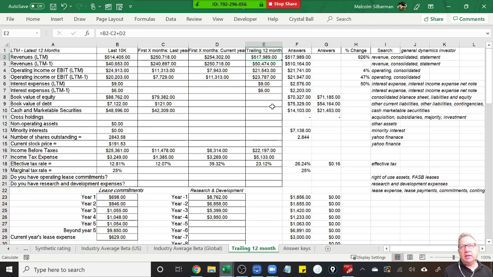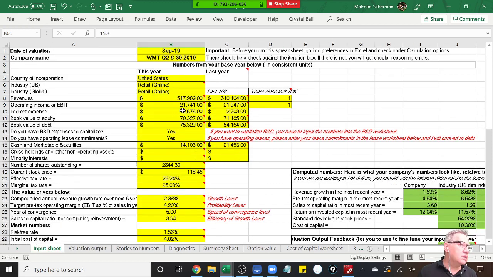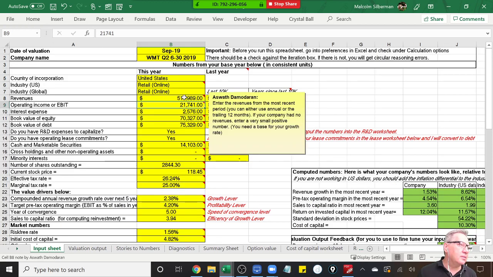And so I've added it because it just made it easier for me to sit in the evening, collate everything in one place, and off I go. And so this number here, 5178989, is really the first number that's required in the input sheet. And it's that number over there.